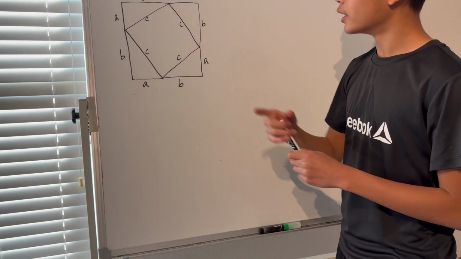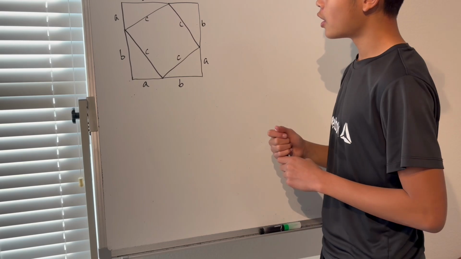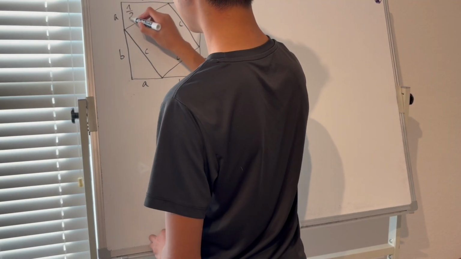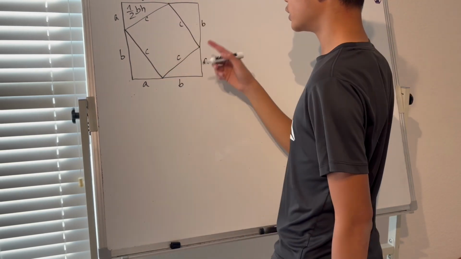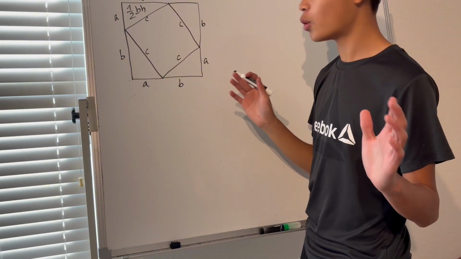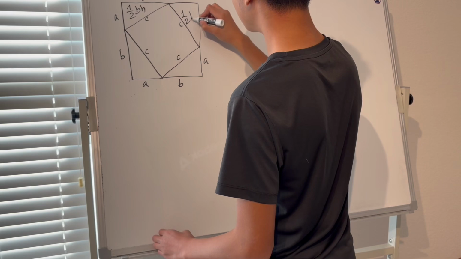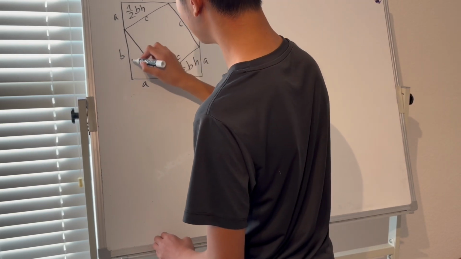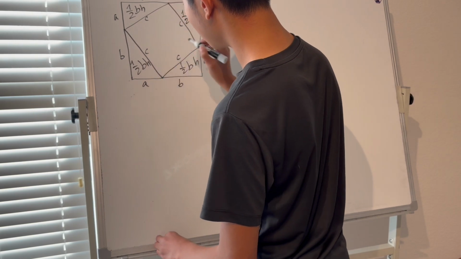So, what is the area of these right here? It is 1/2 BH, right? 1/2 base and height. We have 4 of these, 4 similar right triangles. So all these are just 1/2 base and height, and this is 1/2 base and height also.